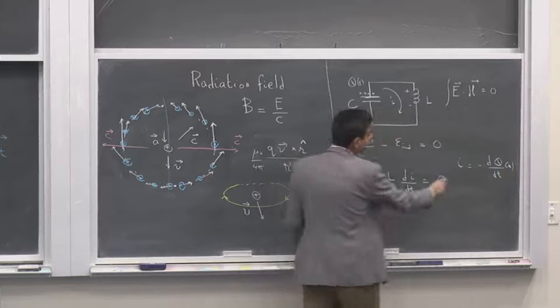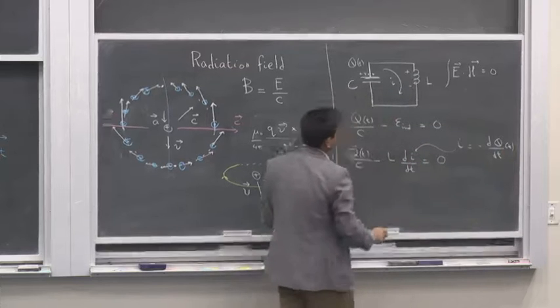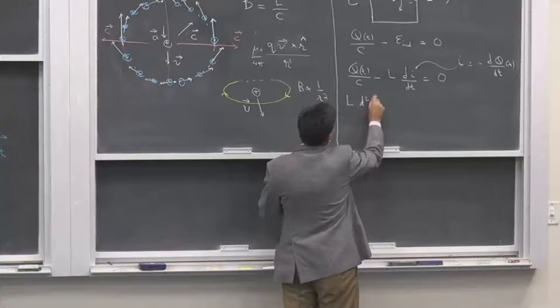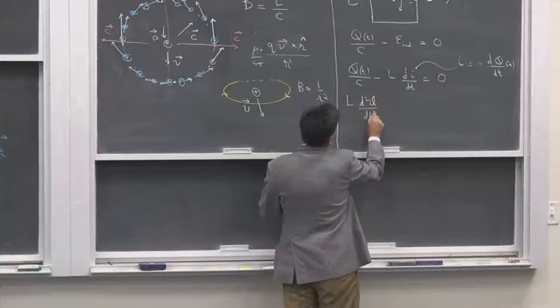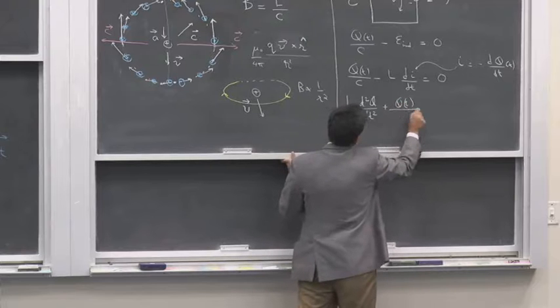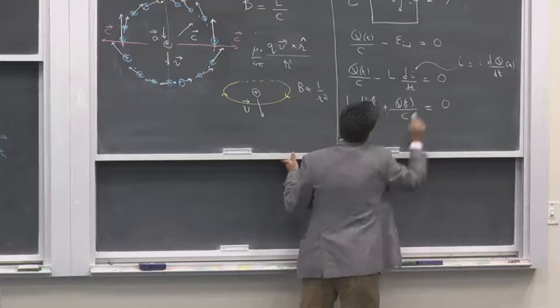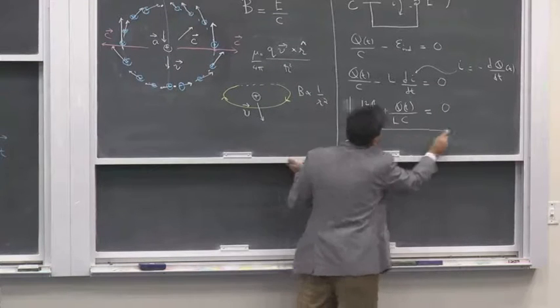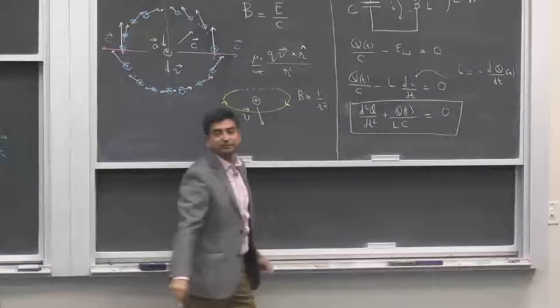So if I insert this value of I in here, what I get is L d squared q by dt squared plus q(t) over C is 0. I just take this L and remove the L from here. This is a differential equation that I need to solve.